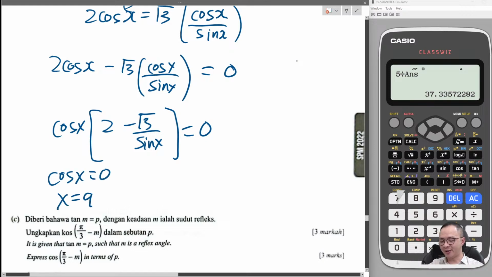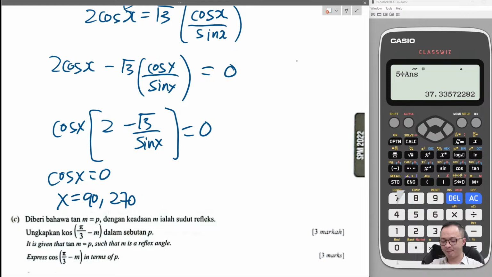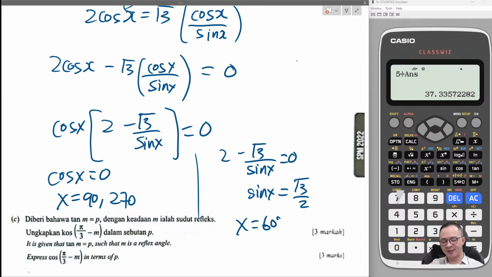For cos x equals 0, I have two angles, 90 and 270. Then for 2 minus root 3 over sin x equals 0, sin x should equal root 3 over 2. So x should be 60 degrees and 120 degrees. This one you can use a calculator.